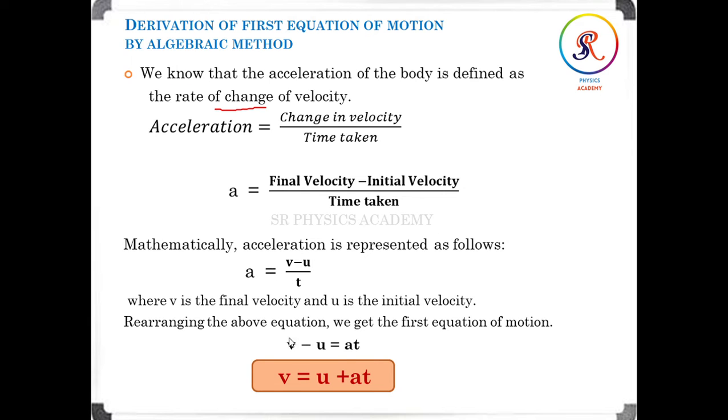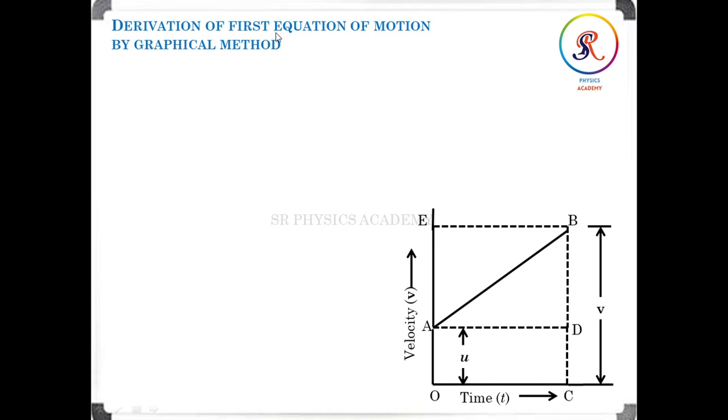So we can also write V equal to U plus AT, because minus U will go to the right side. We will get V equal to U plus AT. Is it clear?